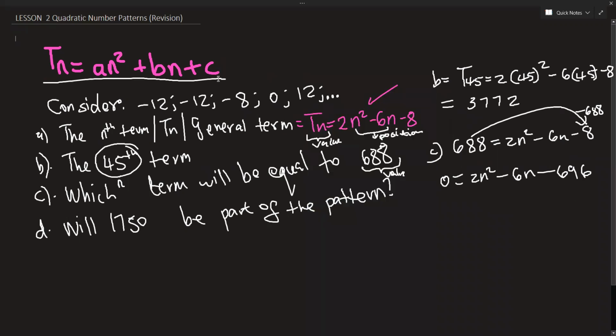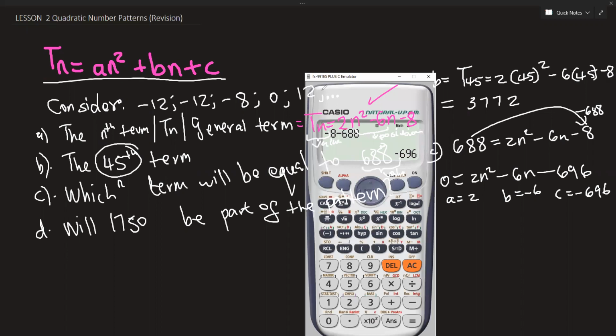Okay. And then from here, I can do the quadratic formula because that number is too big. So my A is going to be 2, my B is going to be negative 6, my C is going to be negative 696. Awesome. So now let's check on a calculator how much we get when you do the quadratic formula.